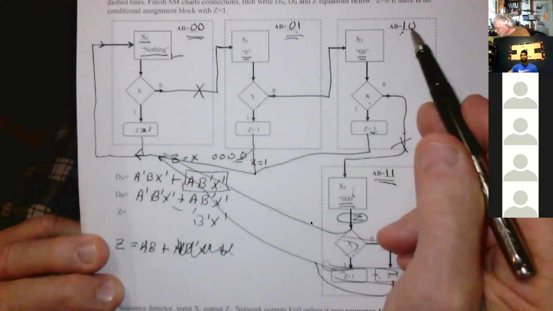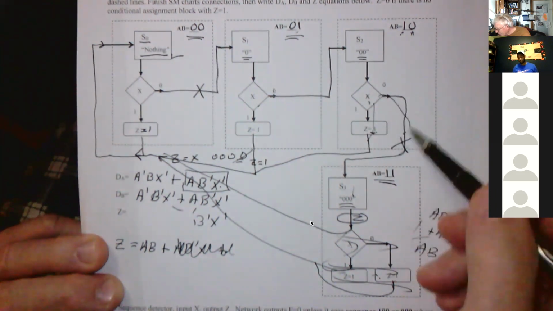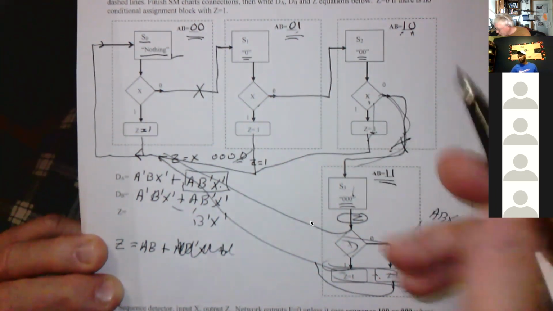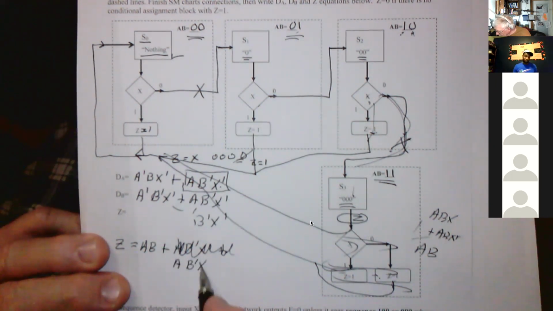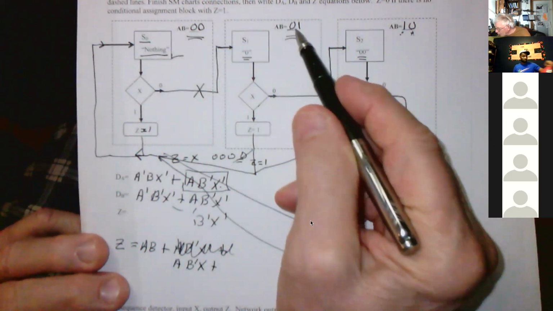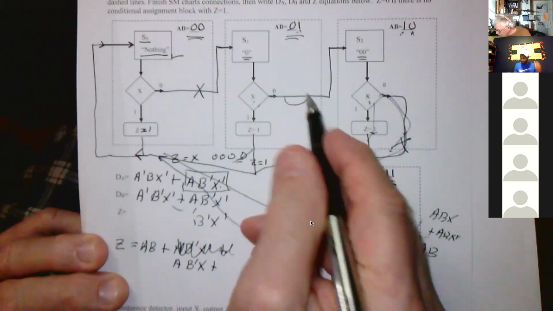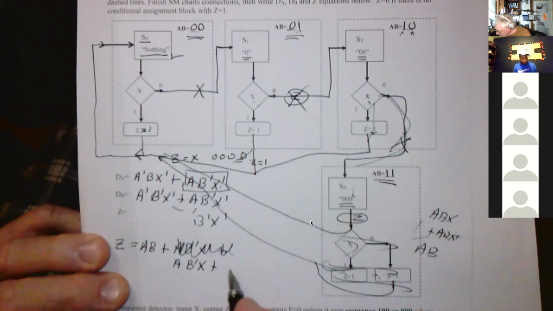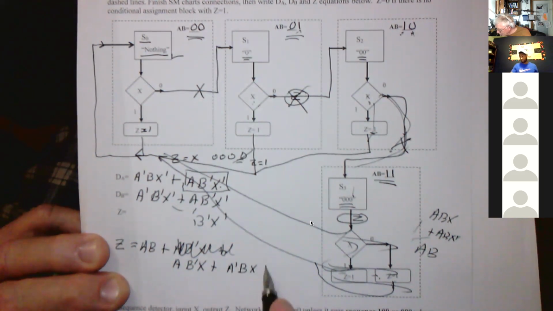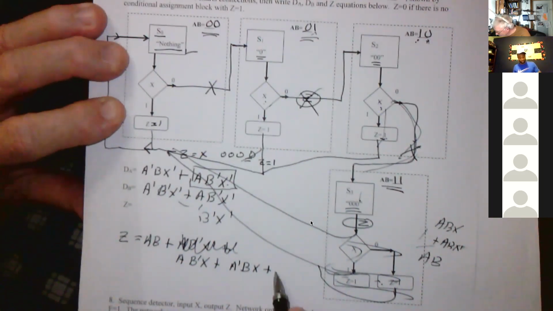So it's A, B prime, X, because that's the Z. The 0 doesn't go through Z. So it's A, B prime, X. And the same thing here, A prime, B, X, right? Because there's no Z here. That doesn't exist. So it's A prime, B, X, and then finally this one, A prime, B prime, X.